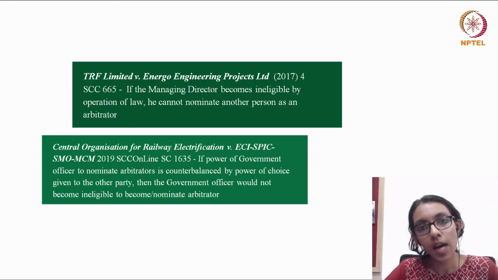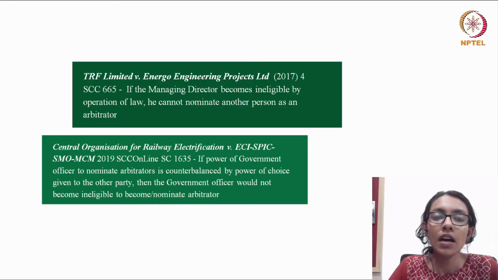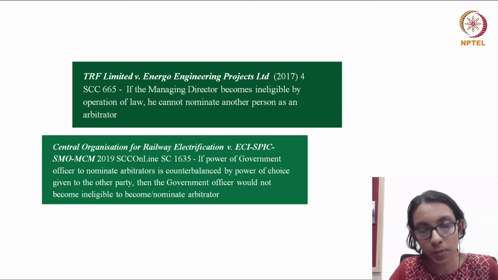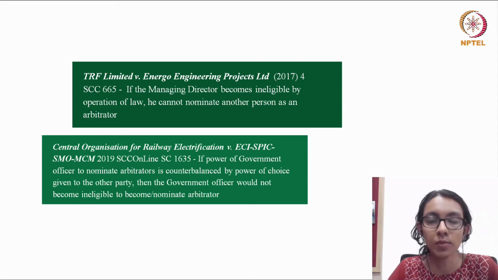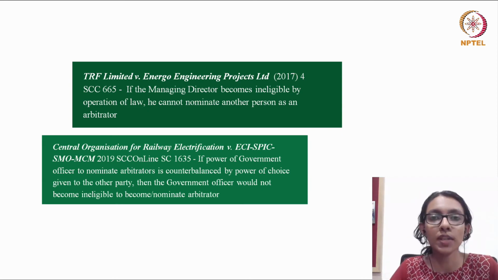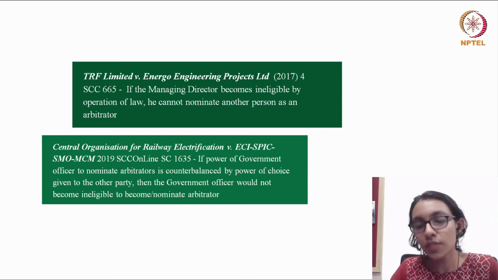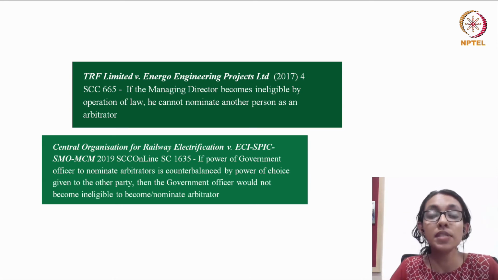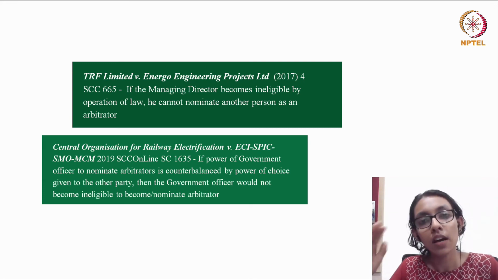In some cases, the arbitration clauses would state that the government officer would become an arbitrator in the case of a dispute, or that the government officer can nominate another person to become an arbitrator. However, if the government officer himself becomes ineligible to be appointed as an arbitrator on account of any conflict with the 5th Schedule or 7th Schedule, for instance, then his power to nominate another arbitrator would also stand dissolved.